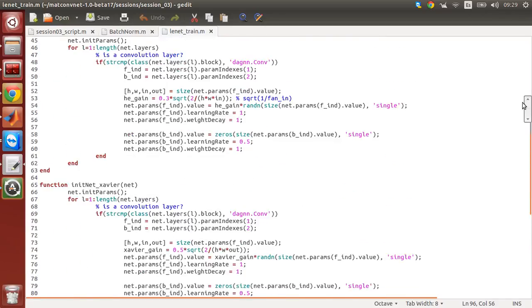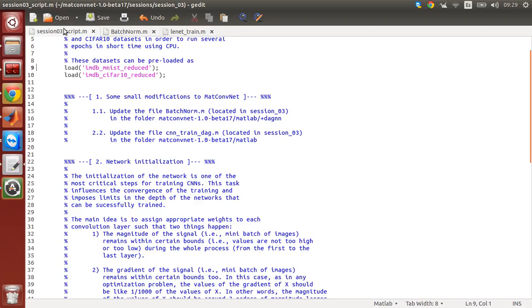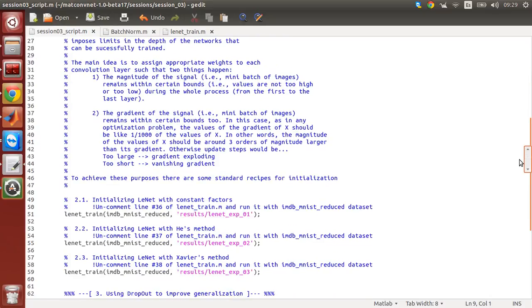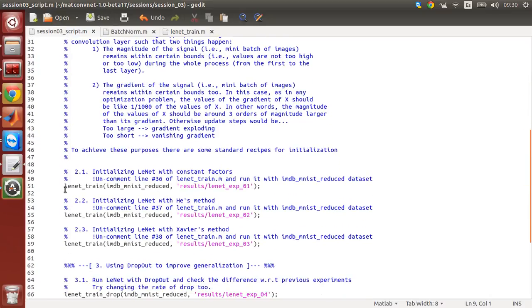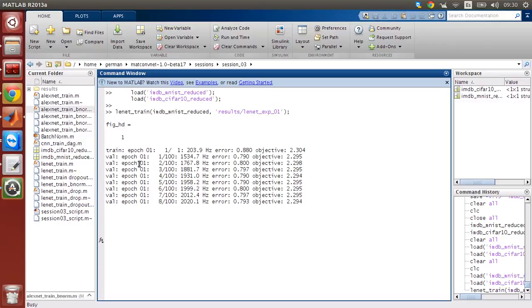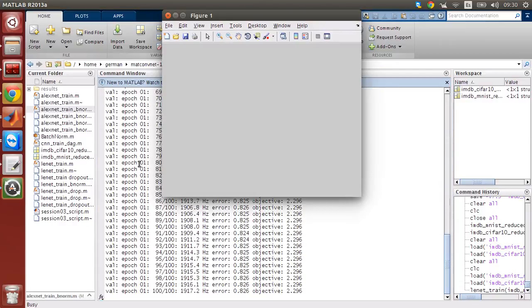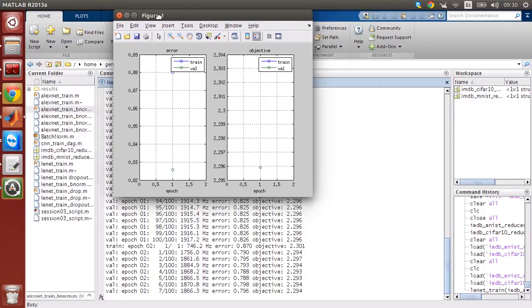So now, after this explanation, let's comment this line here and run the first experiment. Okay, it has started training.